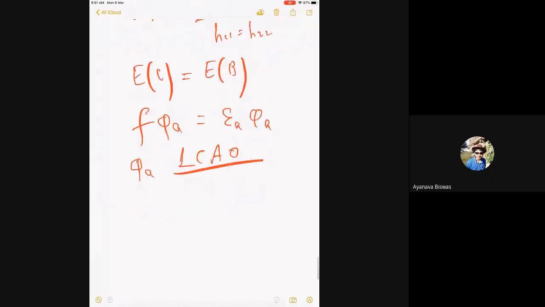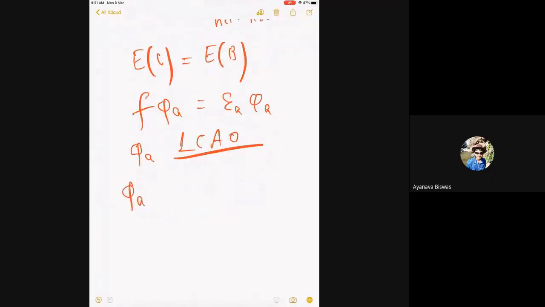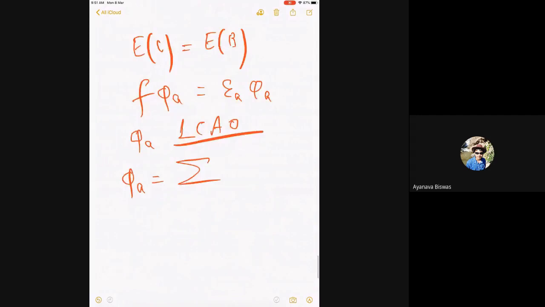okay? So let me first explain that each of the phi A is written in terms of atomic orbitals, and this is done after I reach this Hartree-Fock equation. So let's say I write this as sum over mu, C mu A, and the atomic orbitals A mu.